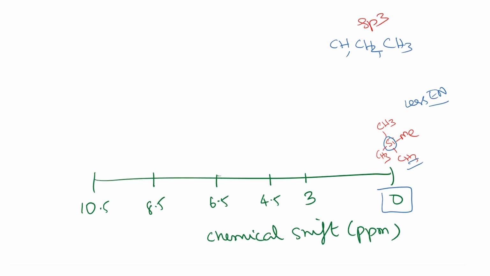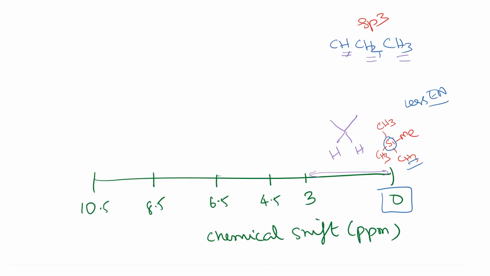When I look at these hydrogens, CH2 and CH3, if they are connected only to carbon, then since carbon is more electronegative compared to silicon, we can expect it to be in this region, between 0 and 3. I am just going to draw it over here. This CH2 can be expected to be here. We will look at it in more detail very soon.